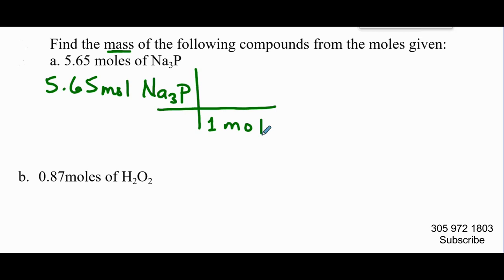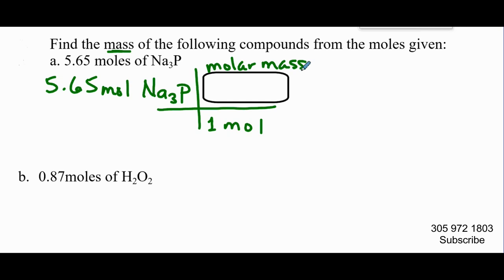Now, in this space right over here, what I'm going to write is the molar mass, right? The molar mass of the compound. We need to find the molar mass of the compound. We just did that earlier. Okay, this space goes molar mass of the compound given.